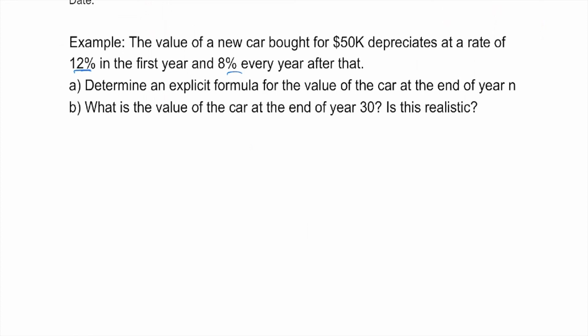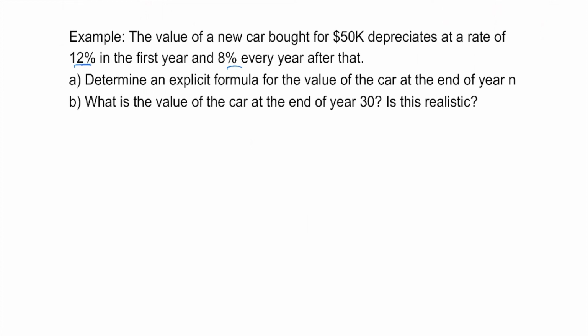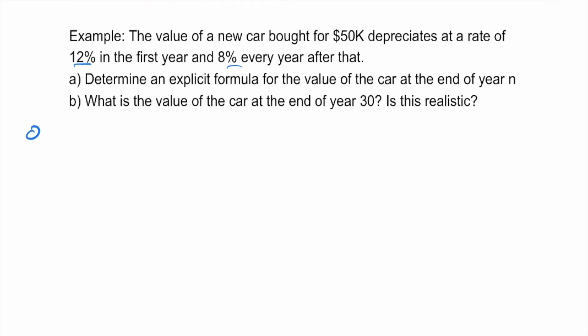So we want to determine an explicit formula for the value of the car at the end of year n. I like to start at the very beginning. In the beginning, the car is worth 50,000. In the first year, it depreciates 12%. So after 1 year, we could take 50,000 times 0.12 and subtract that from 50,000.